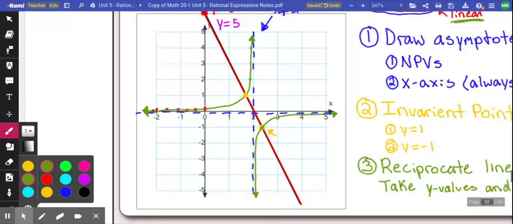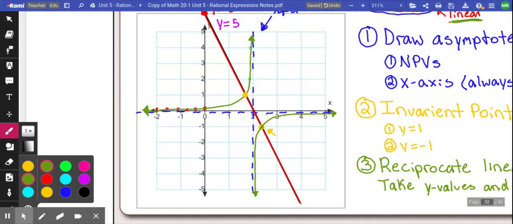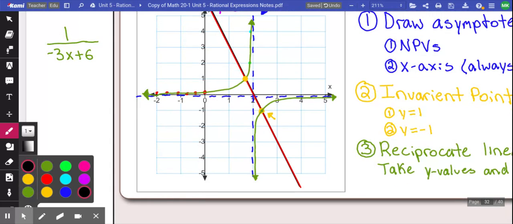That green graph that we just drew, that is 1 over negative 3x plus 6. The green bendy line. If you were to look at just that bendy line on your graphing calculator, it would look like this.